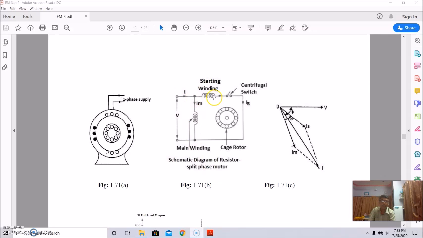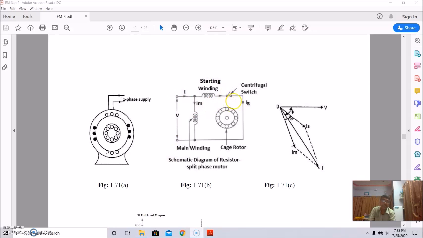They are almost 90 degrees phase displaced in such a way. As I told you in the discussion of the constructional features, the centrifugal switch is connected in series with the starting winding, and the starting winding and main winding are connected in parallel.